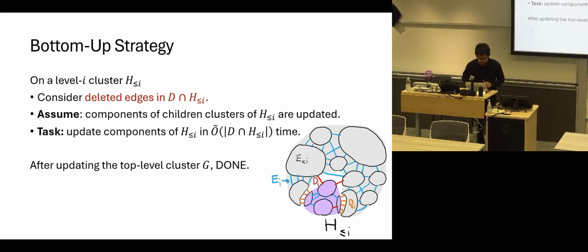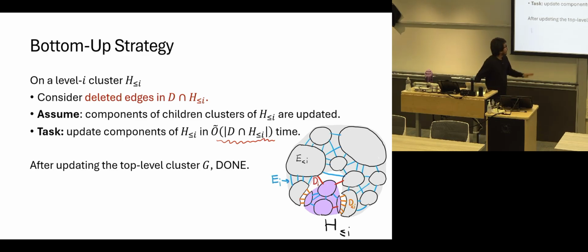And what we want to do is do this in time proportional to the number of deletions in H. That's the goal. And if we can do this, then we are done.